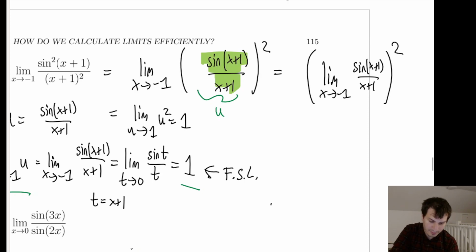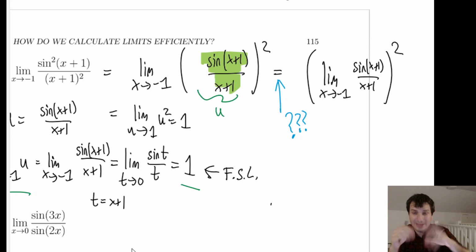So how did I go from this line to this line? What I did is I took the squared function and I moved it from inside the limit to outside of the limit. And that is okay because it exactly means a substitution rule.